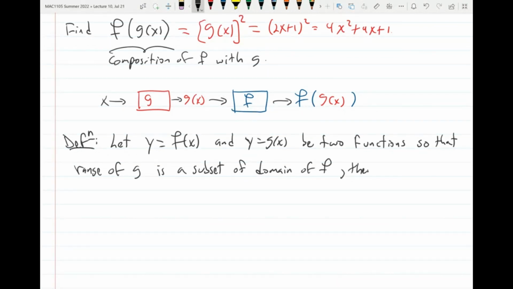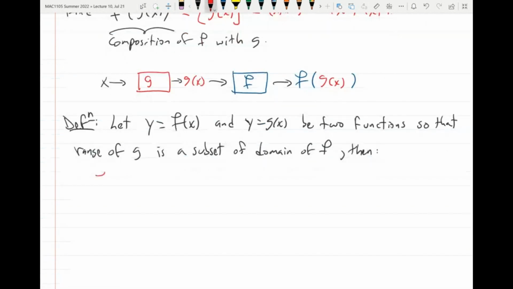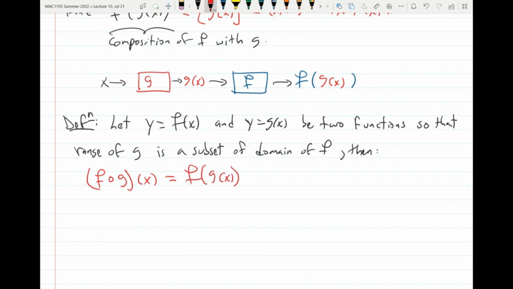Then there's a new function that we can define. This is the formal notation that we use. Put the two letters with a little circle in the middle and then of x. This notation means f composed with g. What does this mean? We define this as f of g of x. This is the symbol that we reserve for composition.